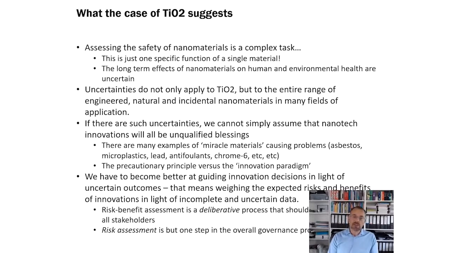And we, as a society, need to make decisions about the use of such materials despite the uncertainty surrounding their effects. And importantly, this is not a purely scientific but a political question. Risk-benefit assessment is a deliberative process that should include the views and concerns from all stakeholders.